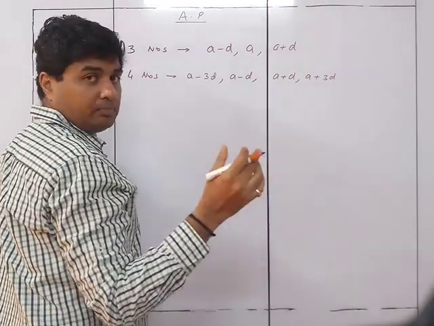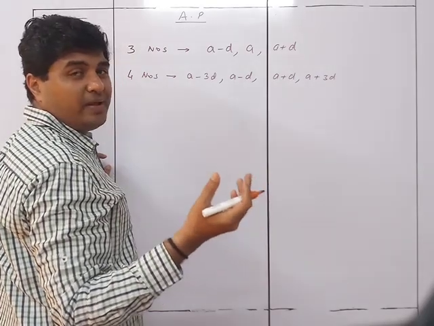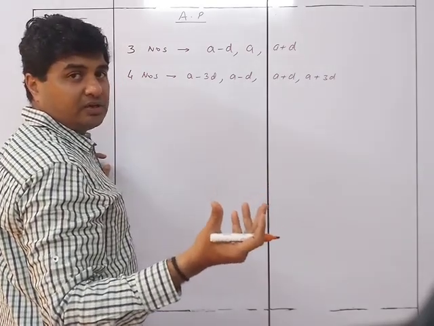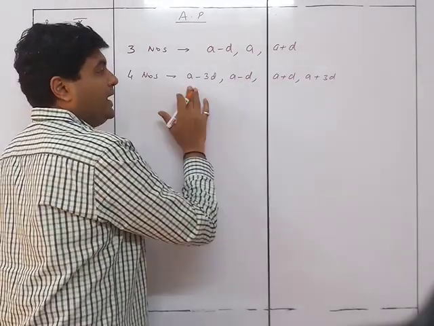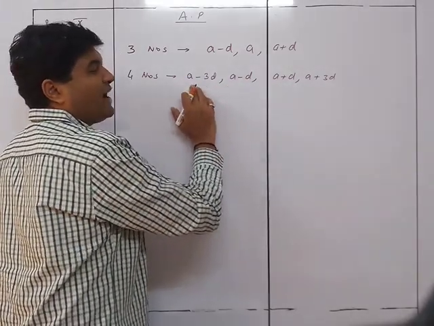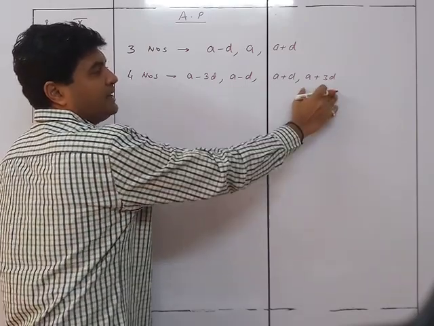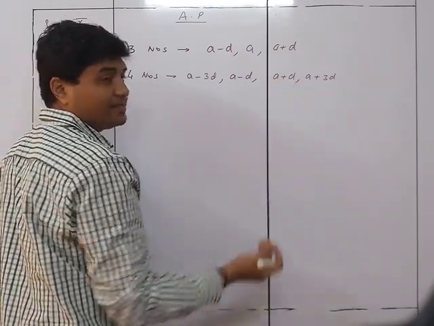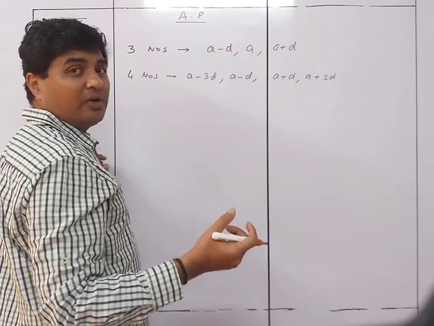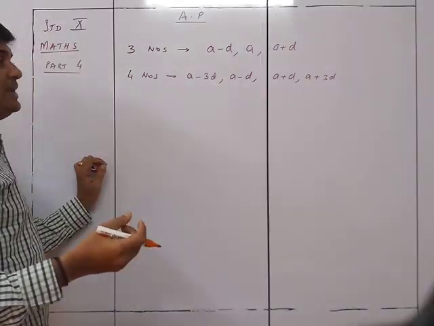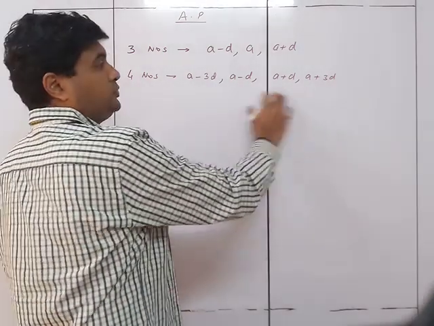So not a problem. What we want is that the numbers should be equidistant from each other. That's why the distance is 2d. So this is an AP, and accordingly when we add, minus 3d plus 3d cancels, minus d plus d cancels. So it's always easier to solve a sum when the numbers to be taken are 4, if I take this particular method.